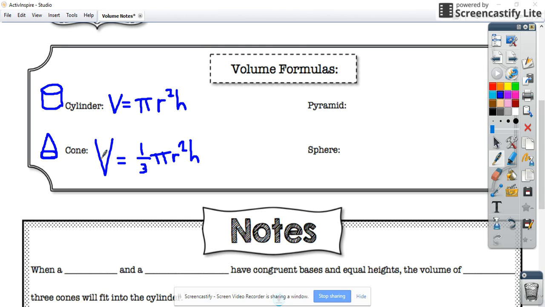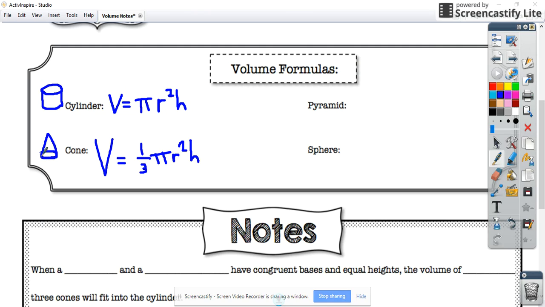And a cone is a little bit different. It has this factor of 1/3 at the front. So if you were measuring the volume of two three-dimensional figures, a cylinder and a cone, the cone, you could take the cylinder and divide it by 3. That's the same thing as multiplying by 1/3.